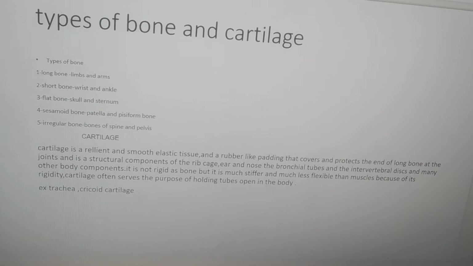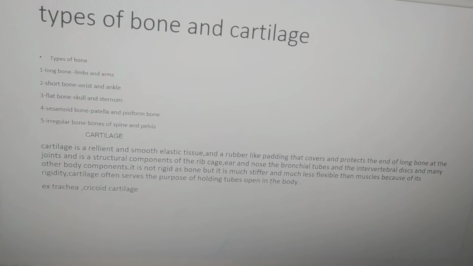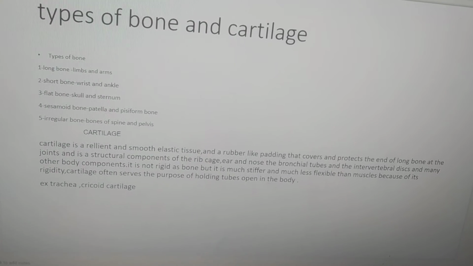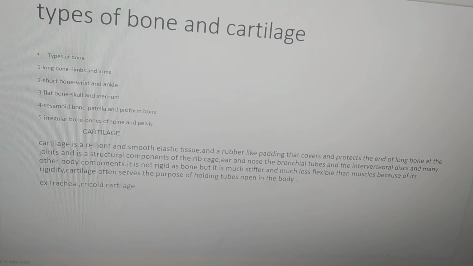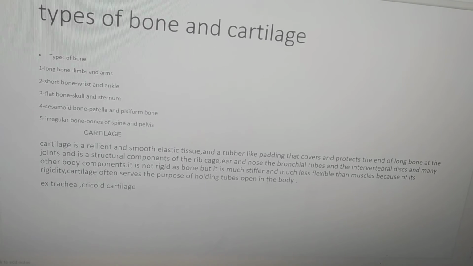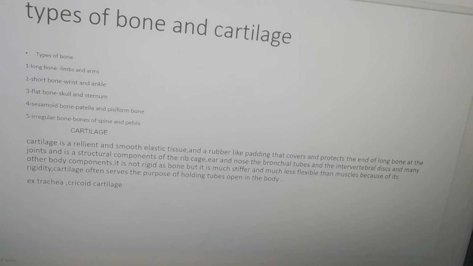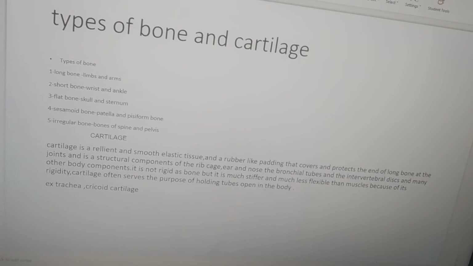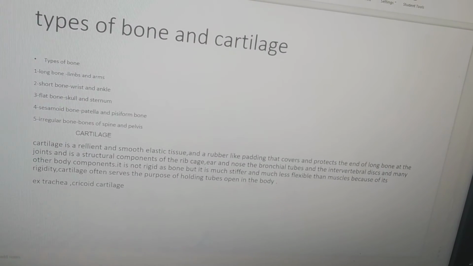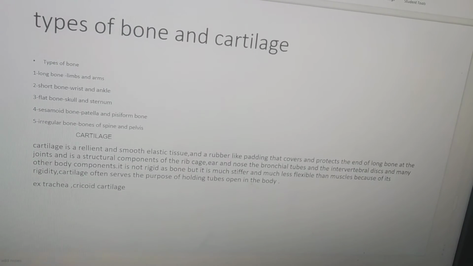Cartilage is a type of tissue just like bone, but it is not a bone. It is a smooth elastic tissue and rubber-like padding which covers and protects the end of long bones at the joint. It is mostly present in the rib cage, ear, nose, bronchial tubes, intervertebral discs and many other body components.